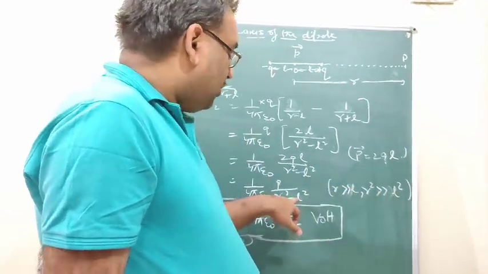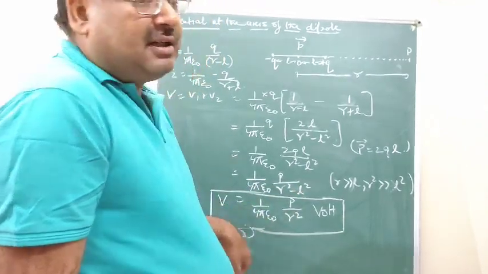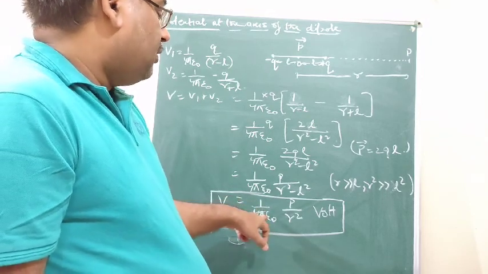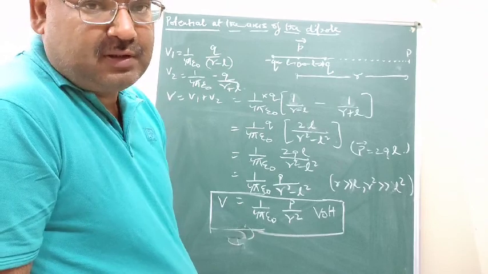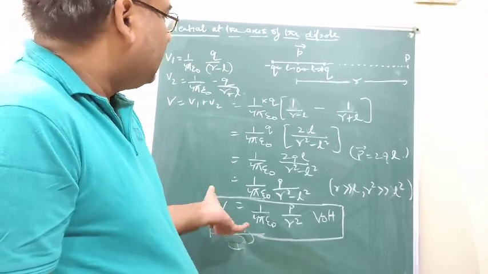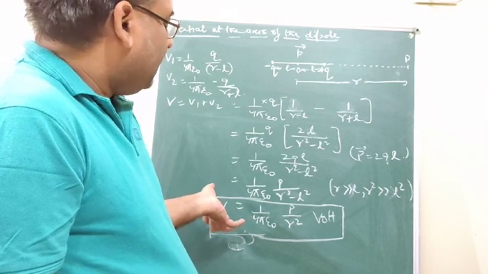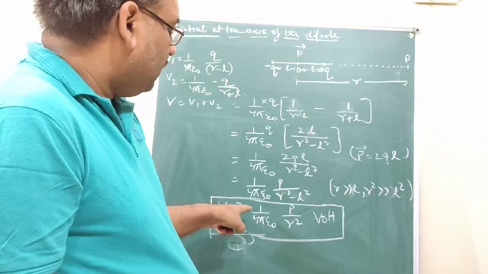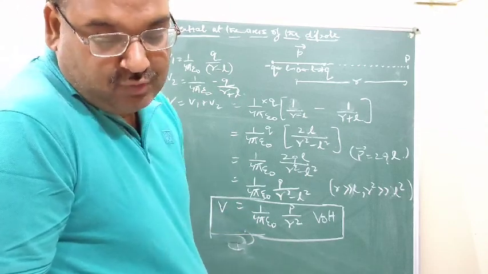Once we ignore L square, we get the formula for the net potential at the point P. This is equal to 1 upon 4 pi epsilon naught, P upon R square volt. Is it clear? So, the potential at the axis of the electric dipole is equal to 1 upon 4 pi epsilon naught, P upon R square volt.